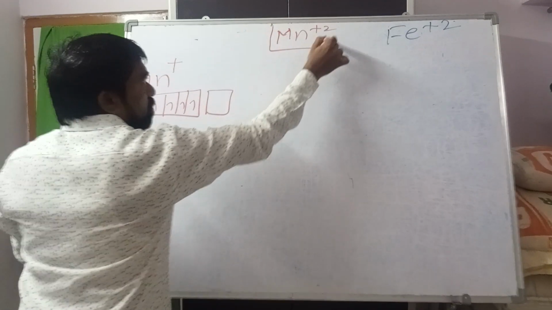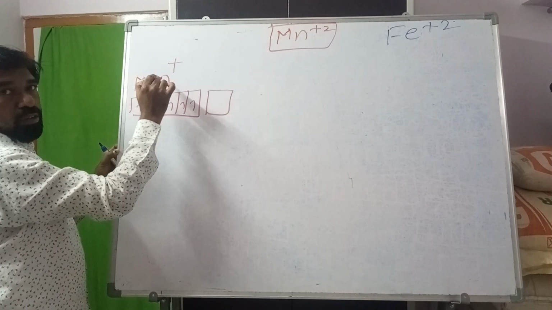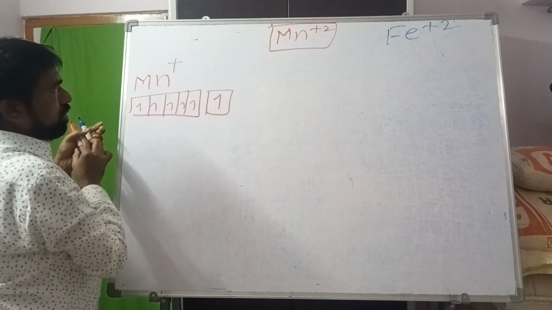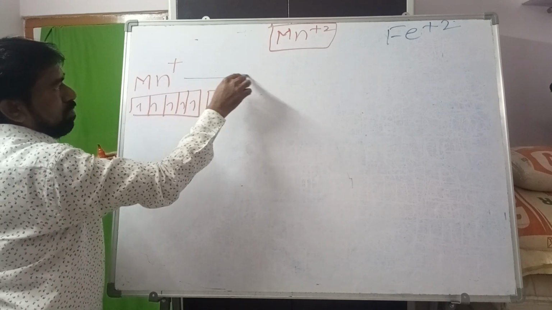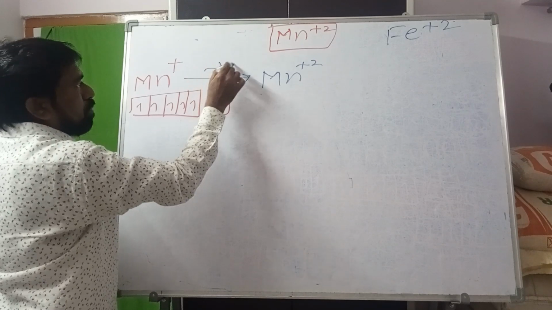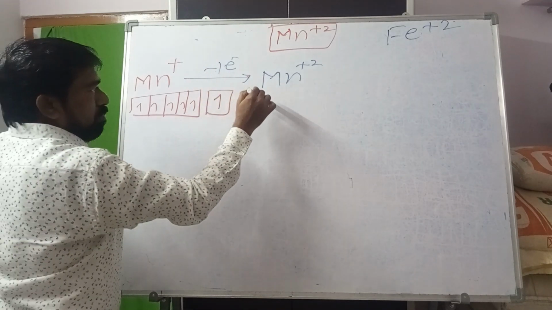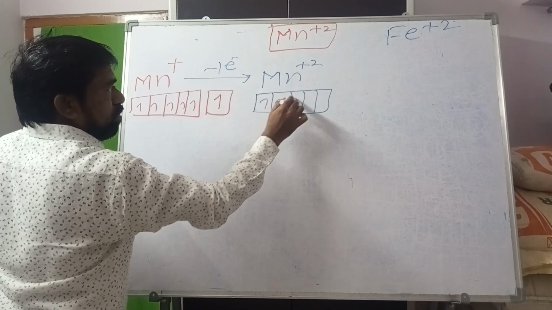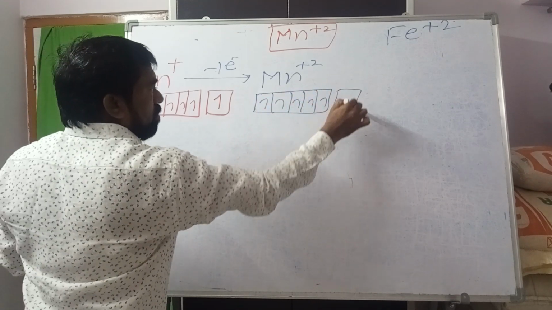We need Mn plus 2, which means its parent ion is Mn plus. Mn plus means here 1 electron only. This converts into Mn plus 2. In this, one electron is removed. And in this formation, Mn plus 2 means d5 configuration: 1, 2, 3, 4, 5 and 4s 0.